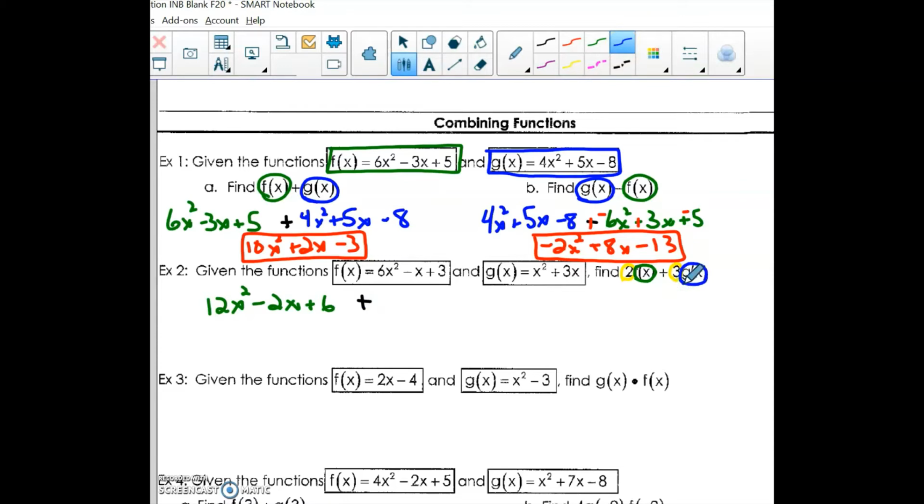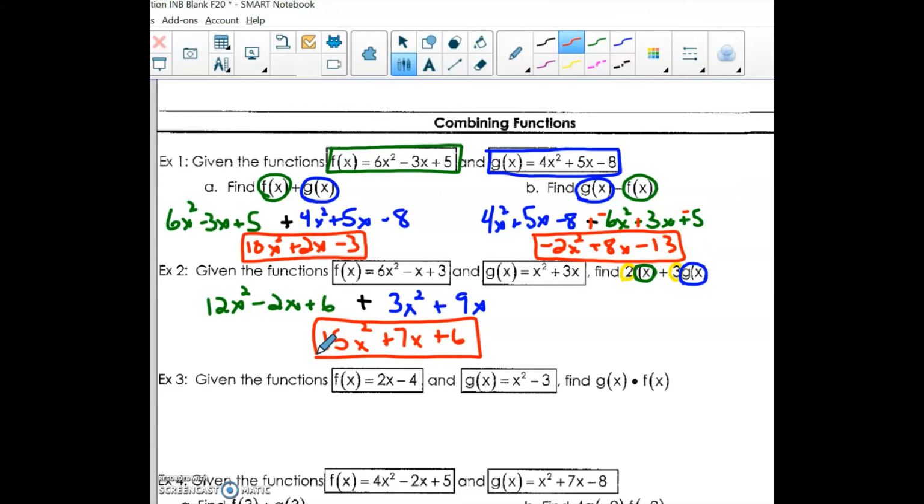So that would be 3x squared plus 9x. And now we add them together just like we did previously. 15x squared plus 7x plus 6. And that's the combining of those two with coefficients.